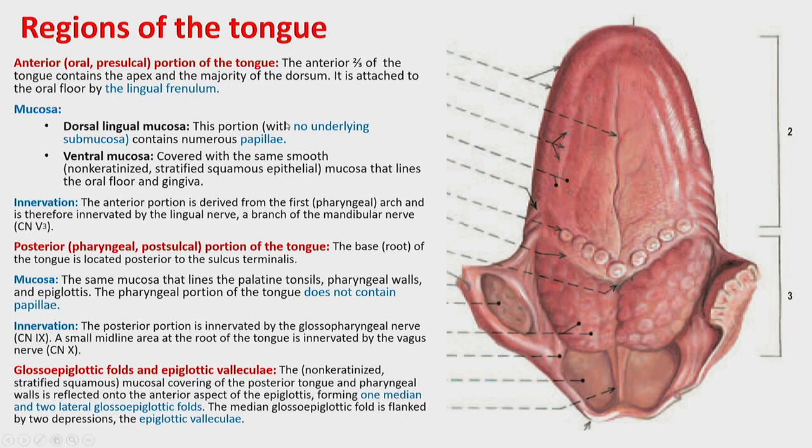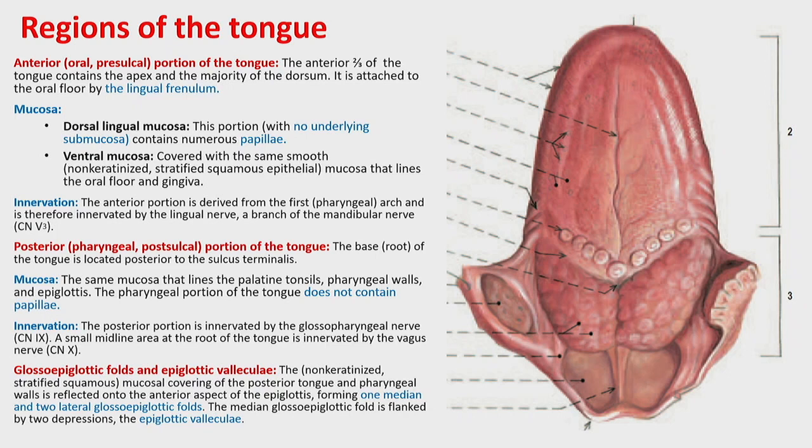In the dorsal lingual mucosa, there is no underlying submucosa, and on the dorsum of the tongue you can find several papillae that have different names according to their shapes. That's why if you touch the dorsum or superior surface of your tongue, you will feel this roughness.